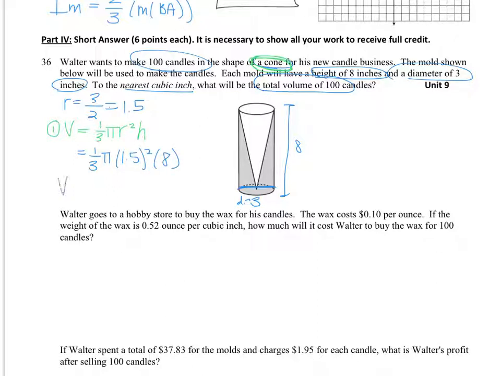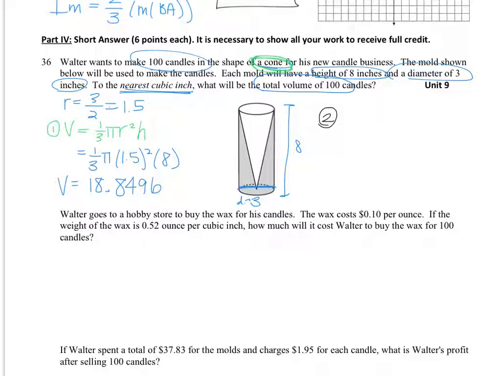Type that right into your calculator and get a nasty decimal probably, because there's a pi in there, which means it's infinite. And if you just write down about 4 decimal places, you'll be good to go. 18.8496. You don't want to round this to the nearest cubic inch yet, because we need to find out how much the volume of 100 candles is.